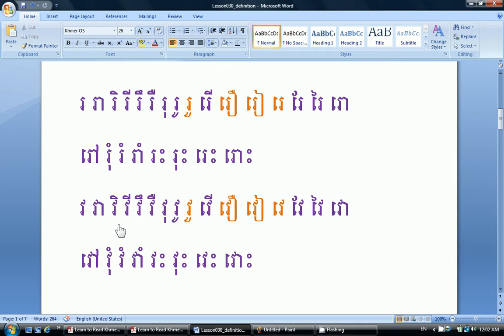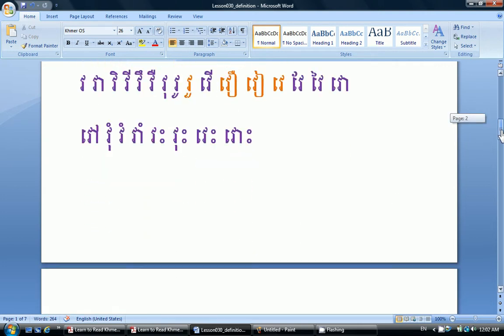Vo, via, vi, vu, vua, via, ve, vo, vom, ve, vu, vi, and vu.